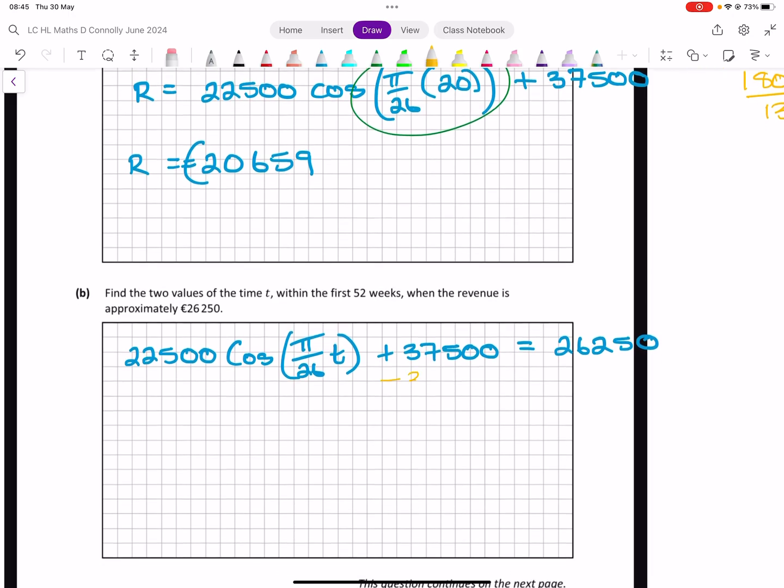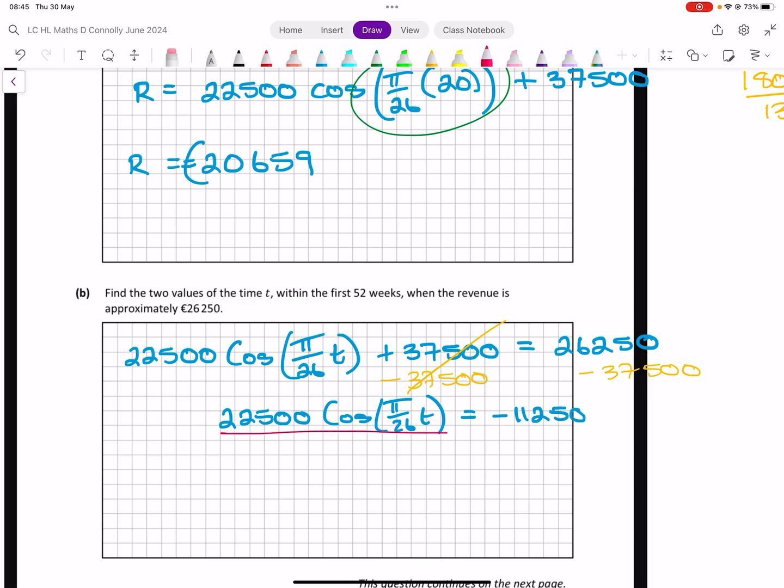So minus 37,500 on both sides. Okay, so I have 22,500 cos of pi over 26t equals minus 11,250.